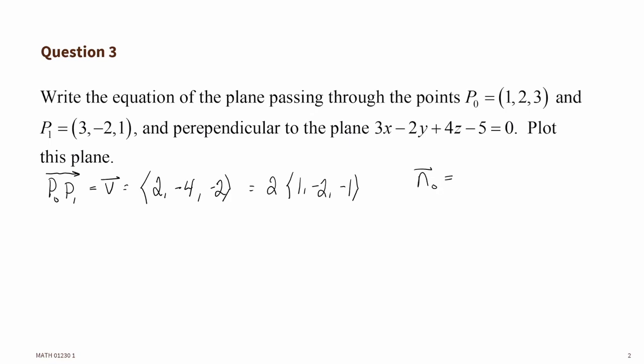Normal vector for the given plane is what? So our normal vector will be V cross n naught.